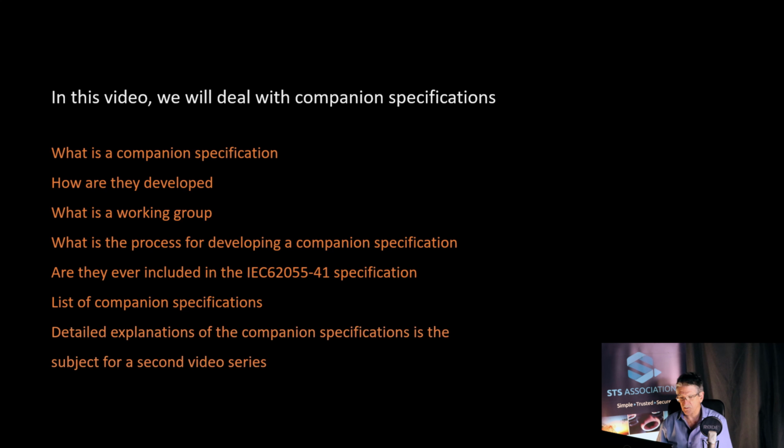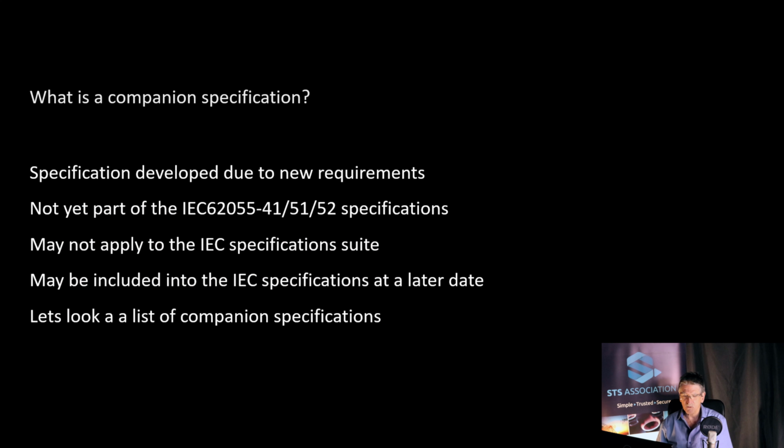A detailed explanation of the companion specifications is the subject of a second video series, so we are not going to cover any detailed explanations of these. So what is a companion specification? Essentially, you get two types of specifications. The international standards like IEC 62055-41, and then you get specifications that are developed which are intended to be added to the international standards if necessary.